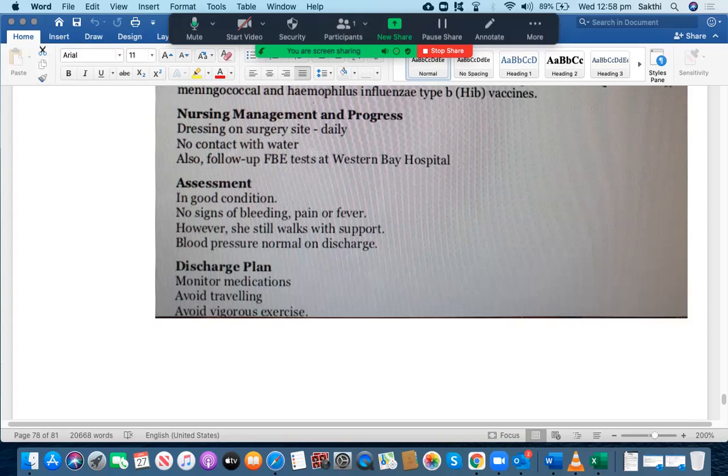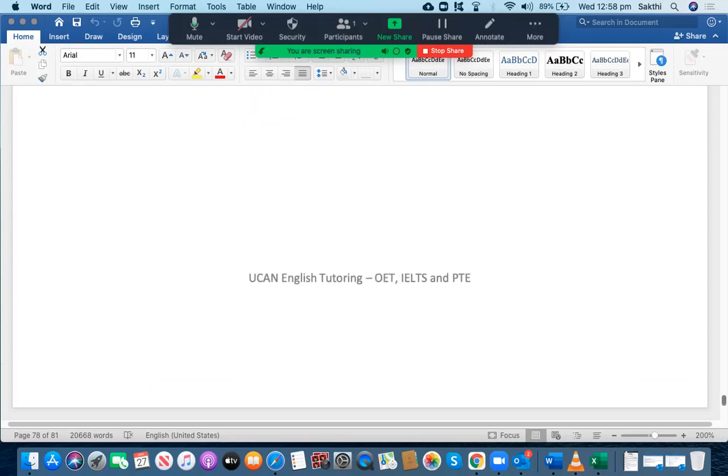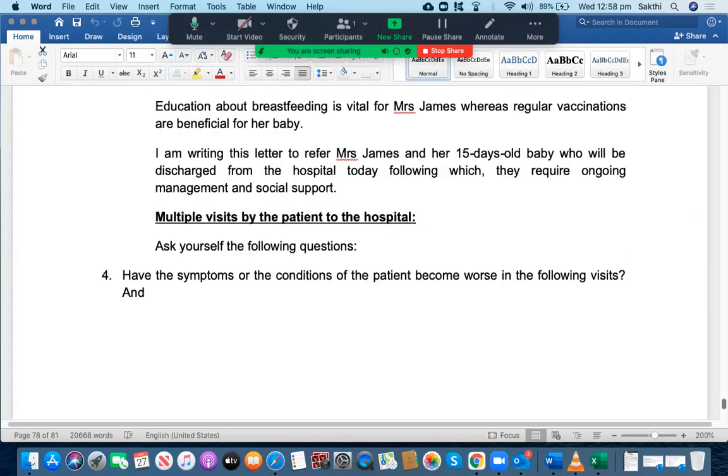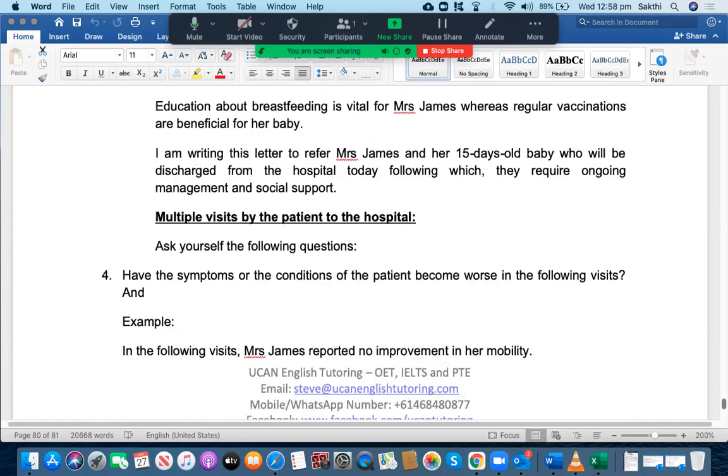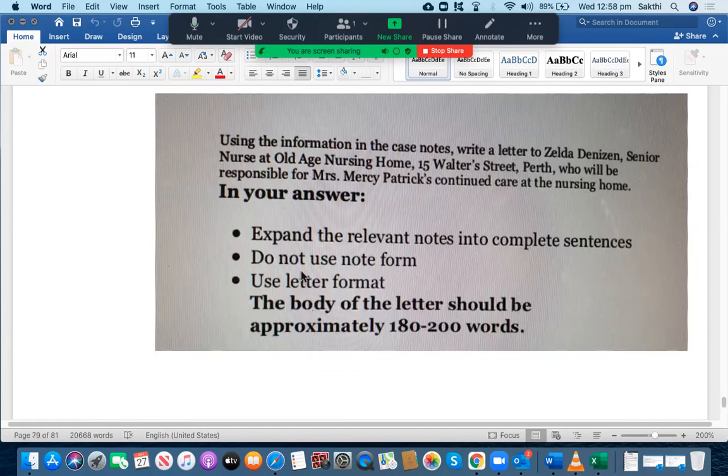That's good. In good condition. No signs of bleeding, pain, fever. However, she still walks with the support. Blood pressure normal on discharge. Monitor medications. Avoid traveling. Avoid vigorous exercises. That's good. She was able to include all her relevant case notes. That's a good job. So you did a very good job here. Congratulations.